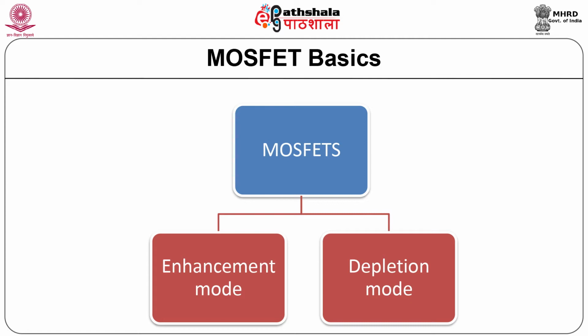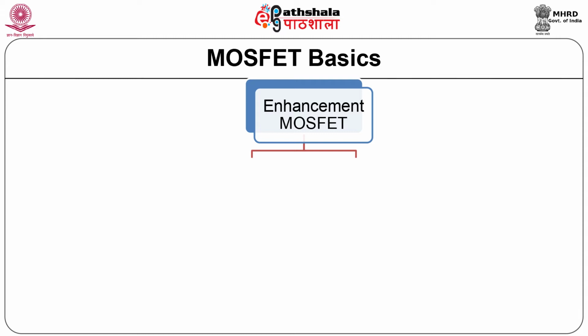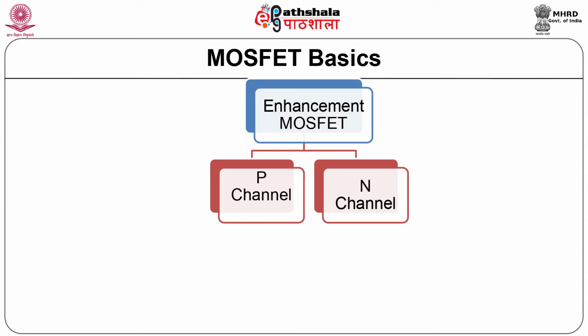The metal gate is insulated from the channel and therefore it is also called the insulated gate FET, that is IGFET. Similar to junction field effect transistors, we can have N channel as well as P channel MOSFETs.